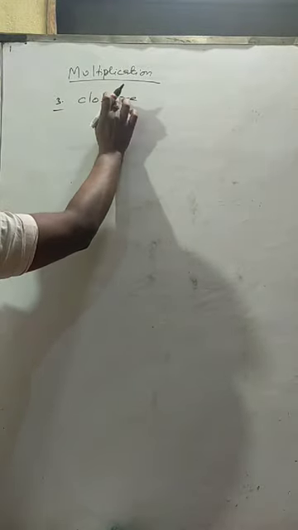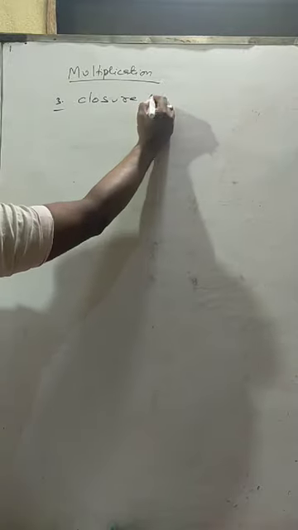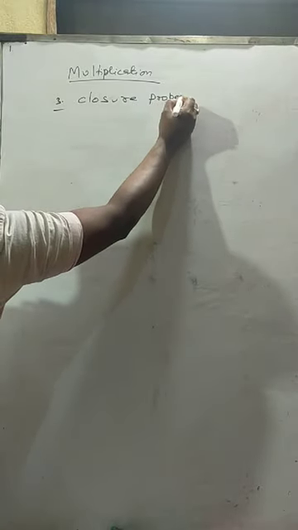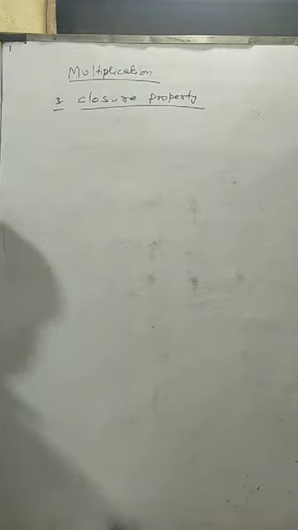Now the third property. This is called the closure property. The closure property explains that the multiplication of two integers is always an integer.